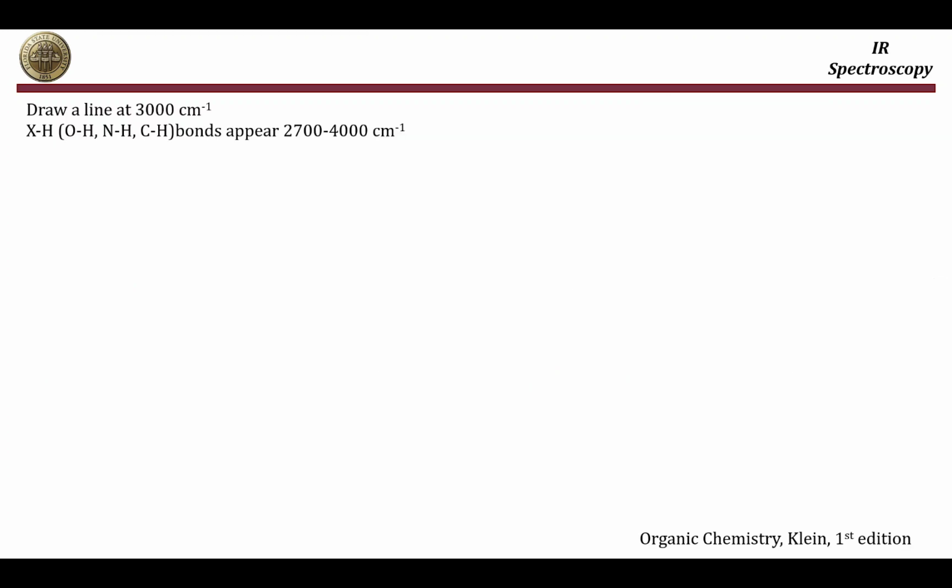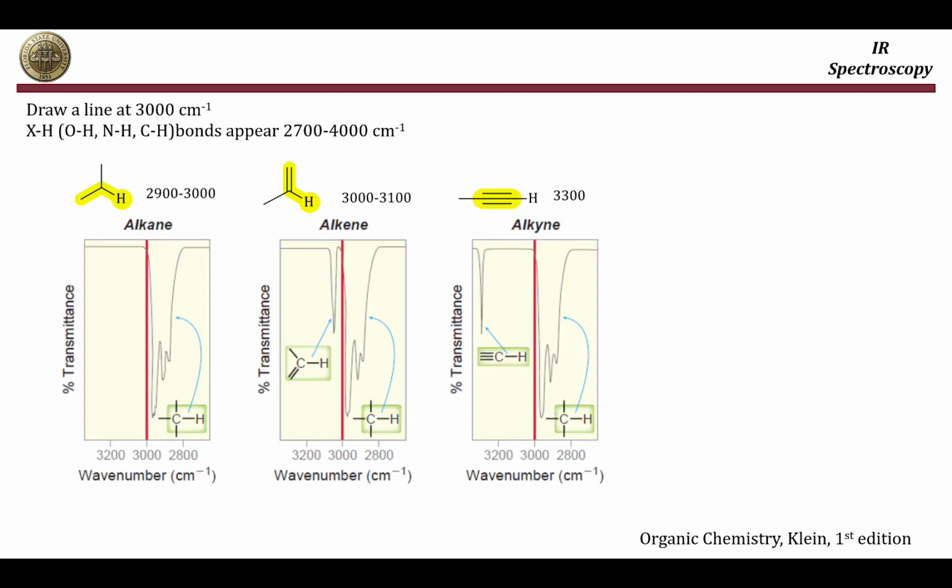Now, what about the last region, which is the one which shows us the XX bond, XH bond, OH and CH bonds? These usually appear between 2700 and 4000. Now, alkanes, as I said before, will appear between 2800 or 2900 and 3000. This is, again, a region which doesn't tell us that much, because in most compounds you will have this carbon-hydrogen bond.